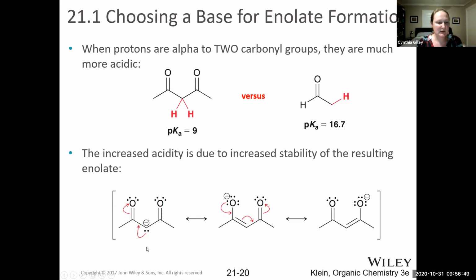We can see the stability of the conjugate base by drawing the resonance structures, where the lone pair and negative charge are delocalized between the alpha carbon and both oxygens. Having two oxygens contribute to the resonance stability makes this structure more stable than a typical enolate, and as a result lowers the pKa of these protons that are interior to two carbonyls instead of one.